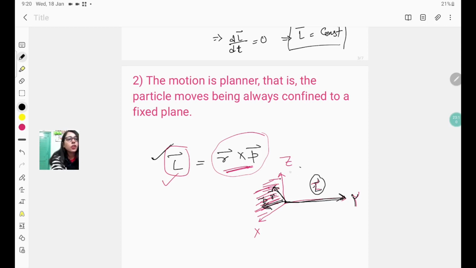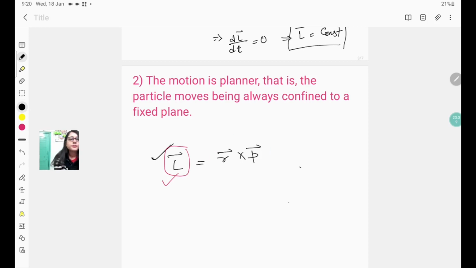If L is along this direction, then r and p should be along this plane. That is, if the value of L becomes constant, then the two vectors r and p should be perpendicular to the line L, right?